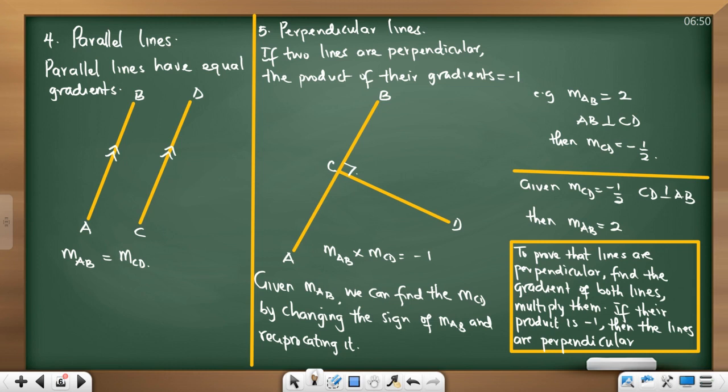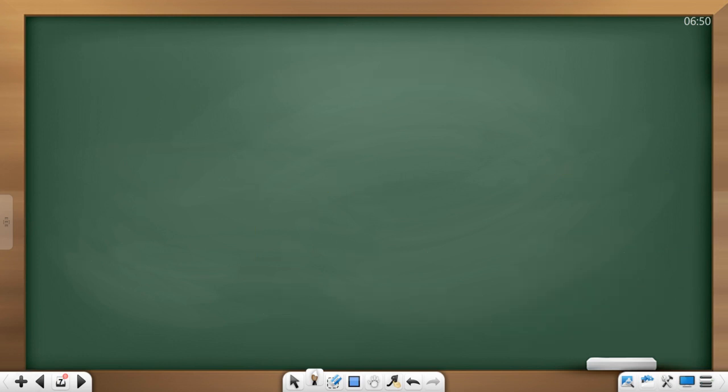Okay, point number 6 now. You may pause the video if you need to write. Point number 6, still on gradient: collinear points. These are points on a straight line.